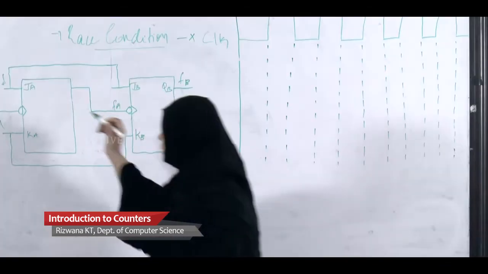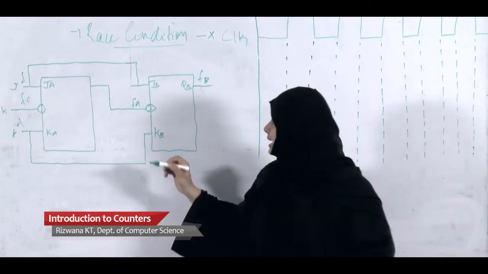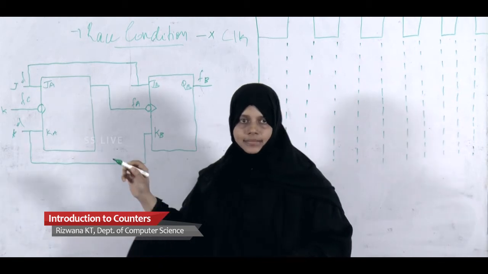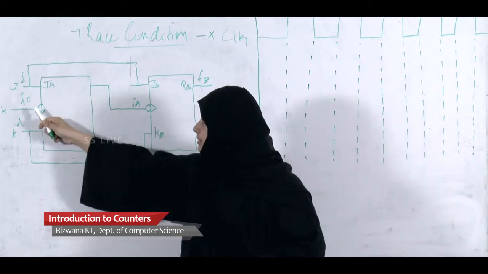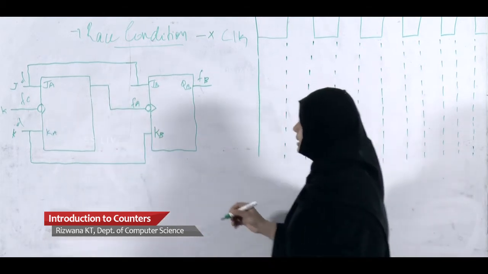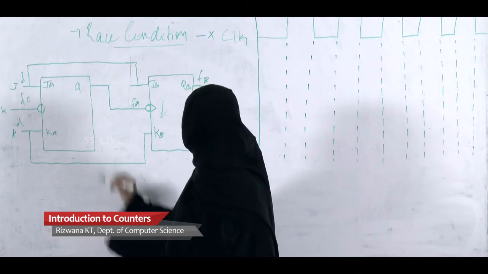See, we have 4 clock pulses. This is the initial clock, and let the frequency of this clock be Fc, and we have the frequency Fa here, which is the frequency of the second clock. This is our flip-flop 0, and the output here is QA.